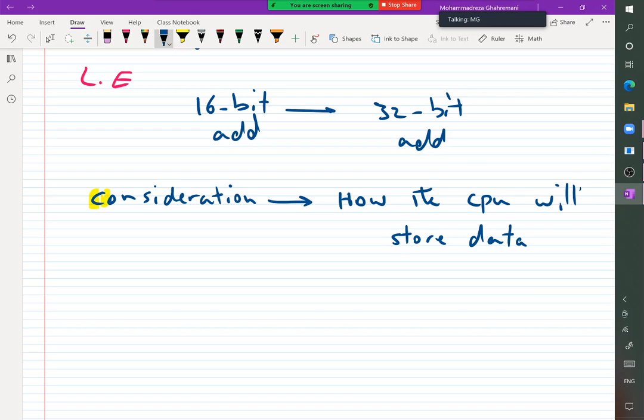It is a consideration. We need to see and determine how the CPU will store the data.